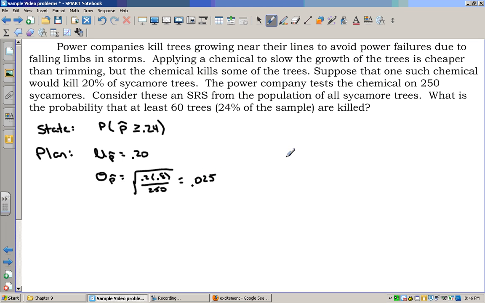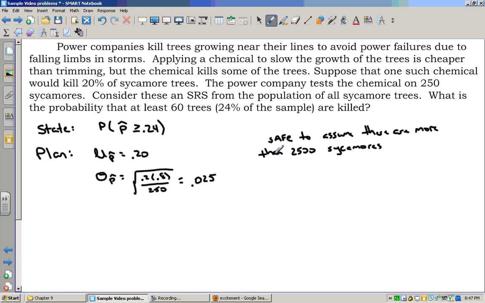Okay, next up, we need to test our assumptions. The first assumption: I think it's safe for us to say that there are more than 2,500 sycamores. I came up with that number because our sample size is 250 and we have to multiply by 10, so that's 2,500.